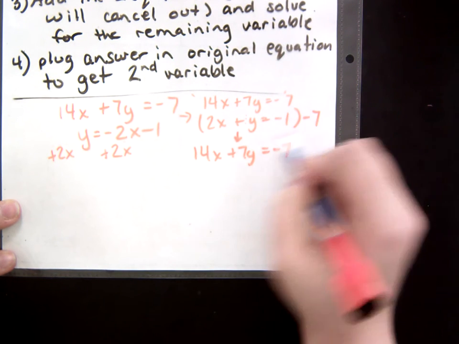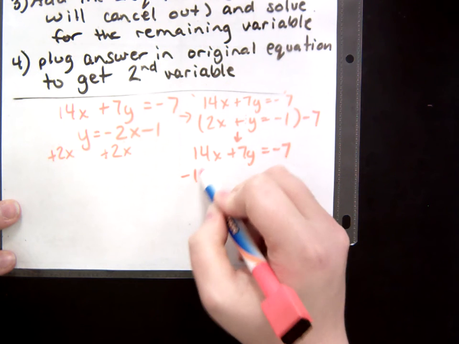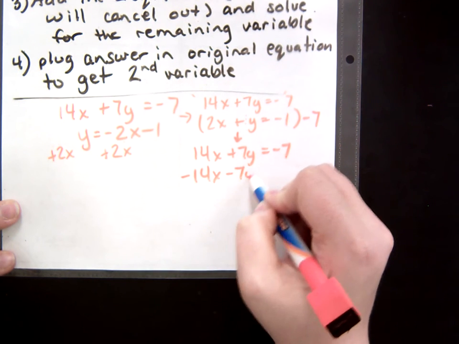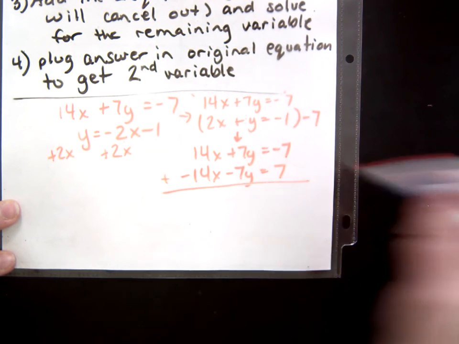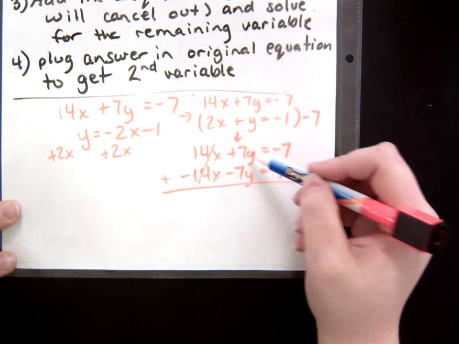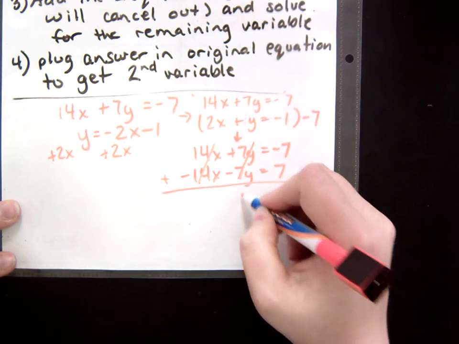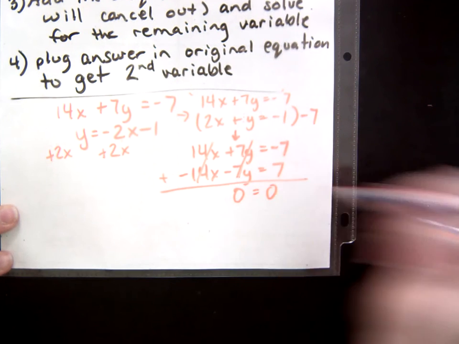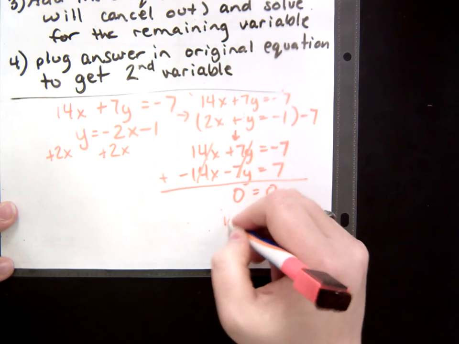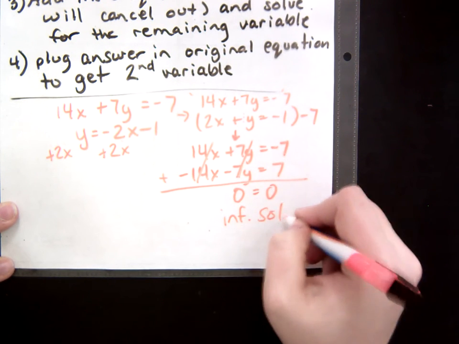But when I distribute a negative 7 on the bottom one, I get negative 14x minus 7y equals positive 7. And this one's a special case because the 14s cancel, the 7s cancel, I'm left with 0 on the left side. On the other side, I'll also have 0. So this one is infinitely many solutions.